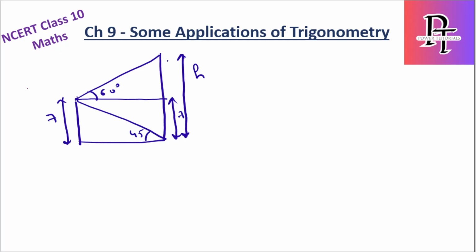So let's assume this as x. Then the height of the tower becomes 7 plus x. Correct? So let's mark the points. This is A, B, C, D, and this is E.